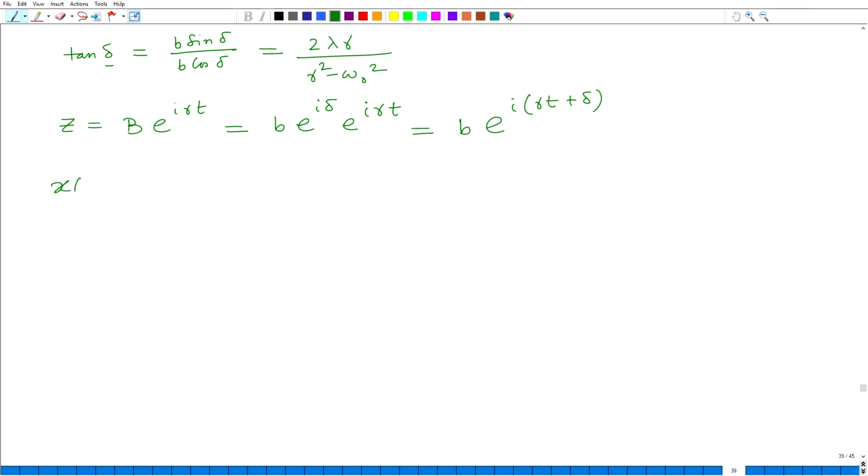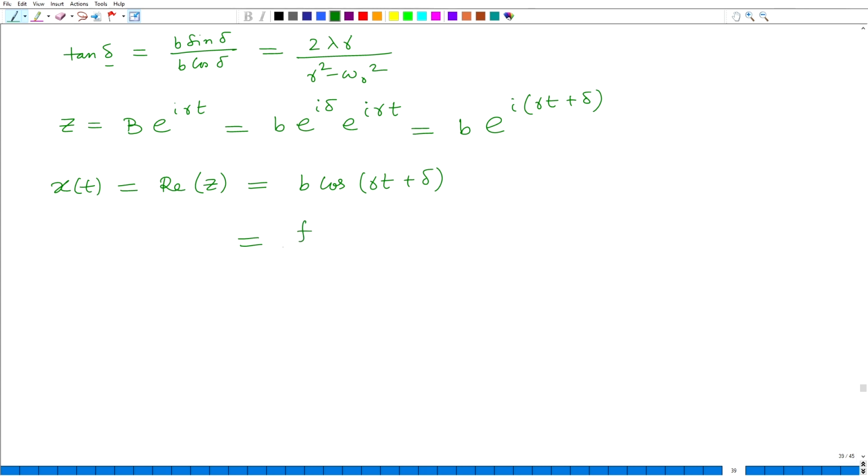Then x(t), the displacement, will be equal to the real part of z, and that will simply be equal to b cos(γt + δ). And if you write this, then b you know and δ you also know, but δ you do not have to put now, but b you can put.